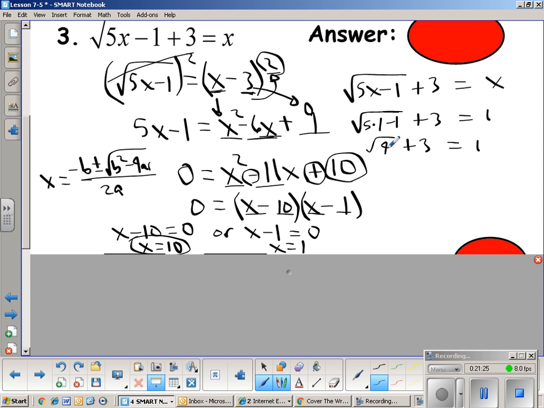Square root of 4 is 2, plus 3 is not equal to 1. Right? That one didn't work. So my only answer is 10. It's the only one that works.